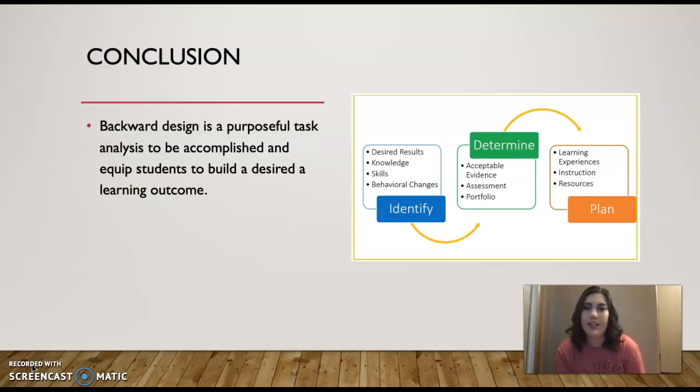Stage 2 is to determine your acceptable evidence within your lesson, your assessment, your student portfolio and notes that you want to gather data on of your students. And then Stage 3 under plan is learning experiences, instruction, and resources. So that is an overall explanation of backward design.